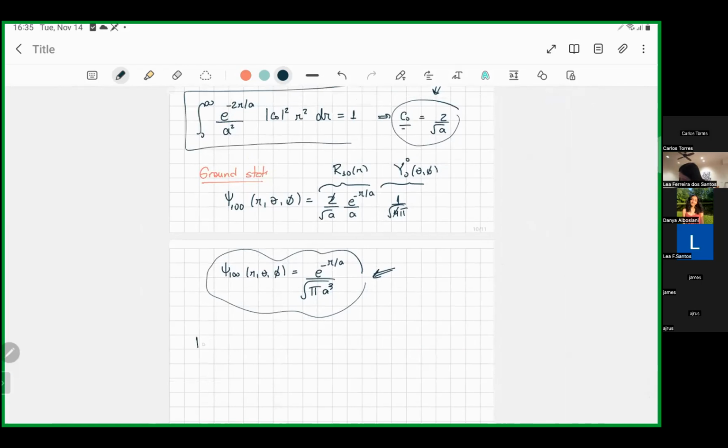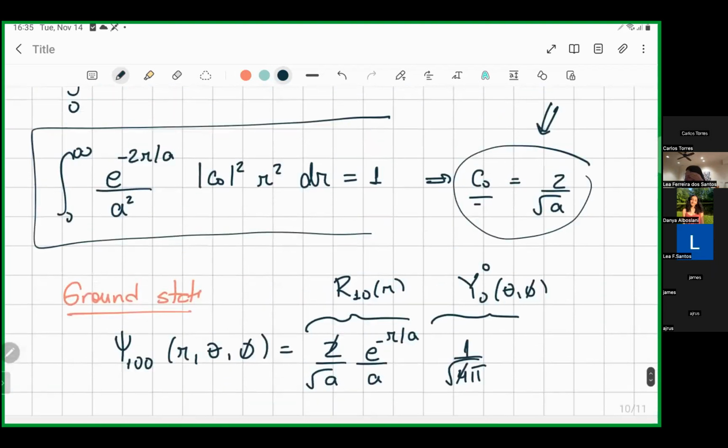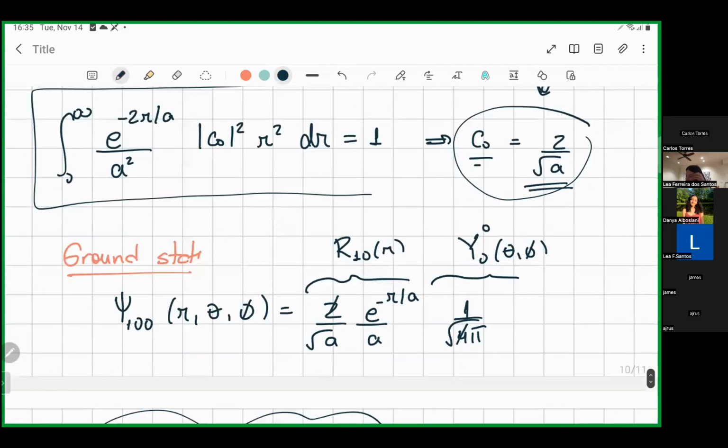We have here C0 squared, A squared, and now the integral. Okay, so this is the integral that we have to solve to find the normalization constant here.